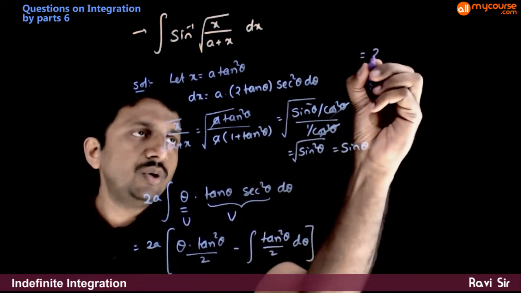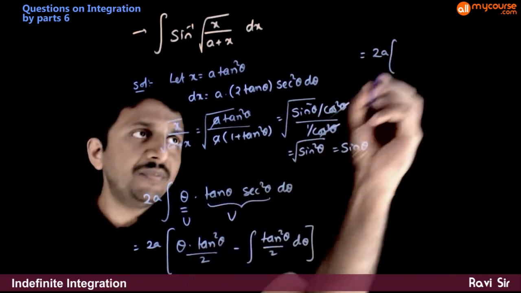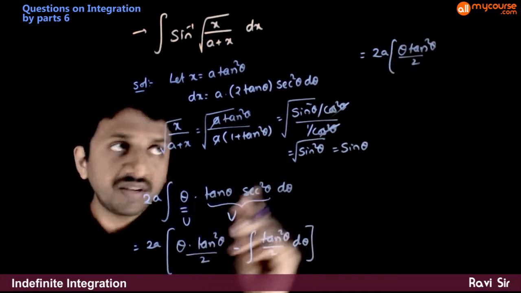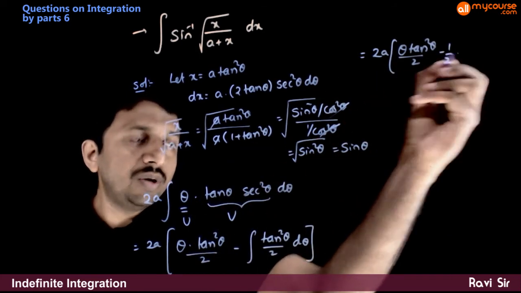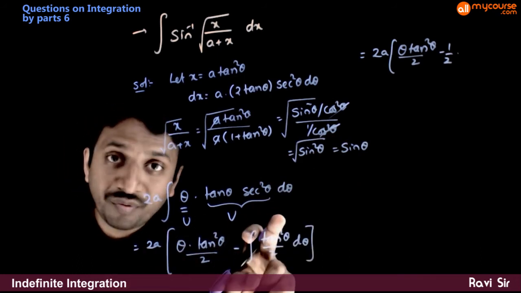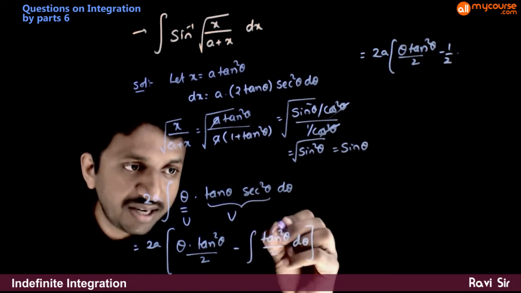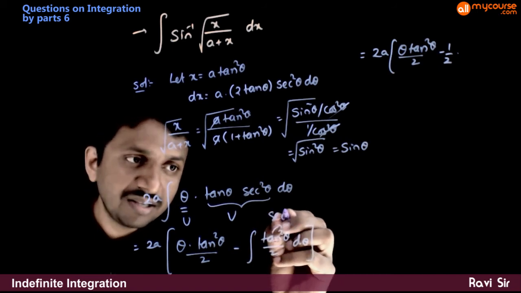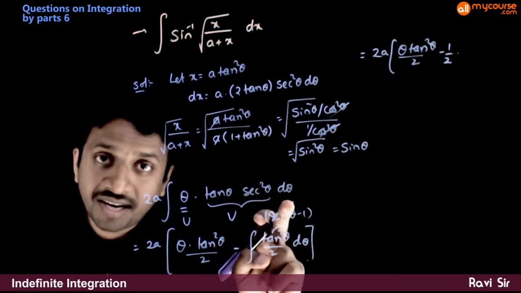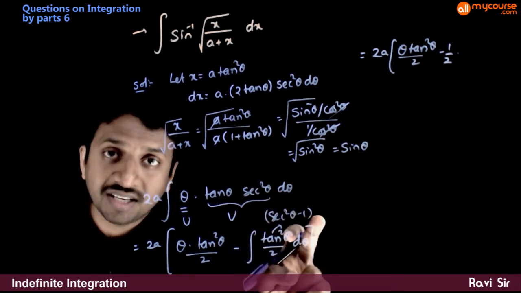So that is equal to 2a times, this has already been integrated, theta tan square theta by 2 minus 1 by 2 times the integration of tan square theta. So how do we integrate this? We write tan square theta as secant square theta minus 1. And what is the integration of secant square theta? Tan theta. 1's integration is theta.